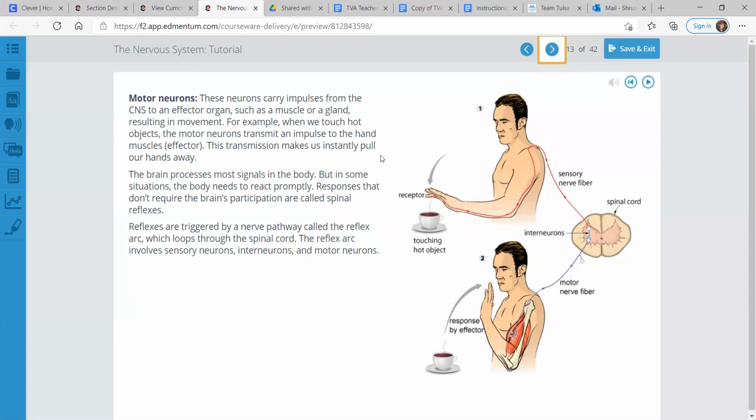The arc involves sensory neurons, interneurons, and motor neurons. So we get the full picture here: your receptor, sensory neurons, to the interneurons, to the motor neurons, and then the response.